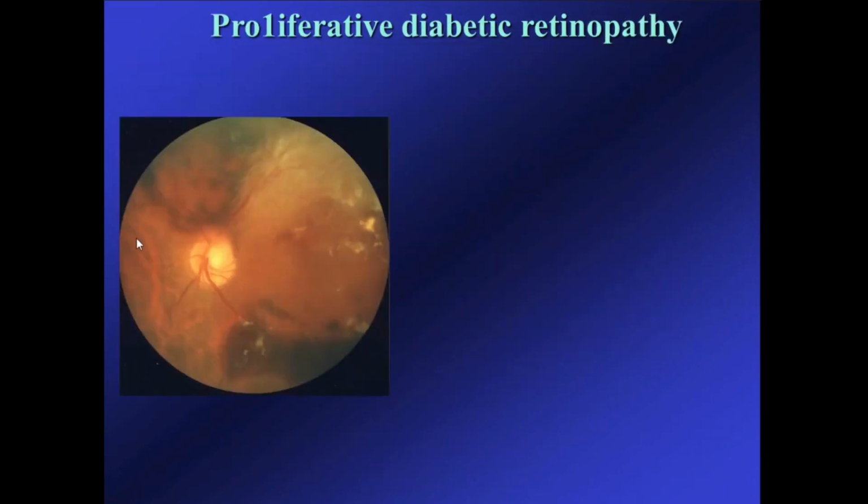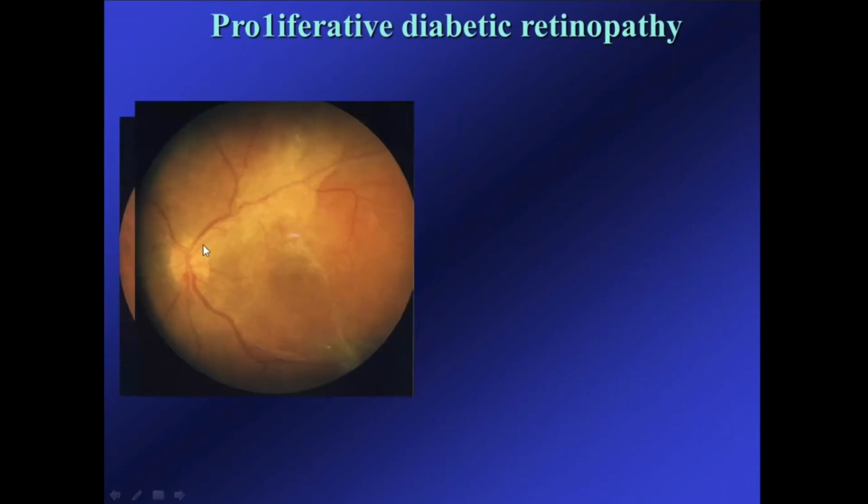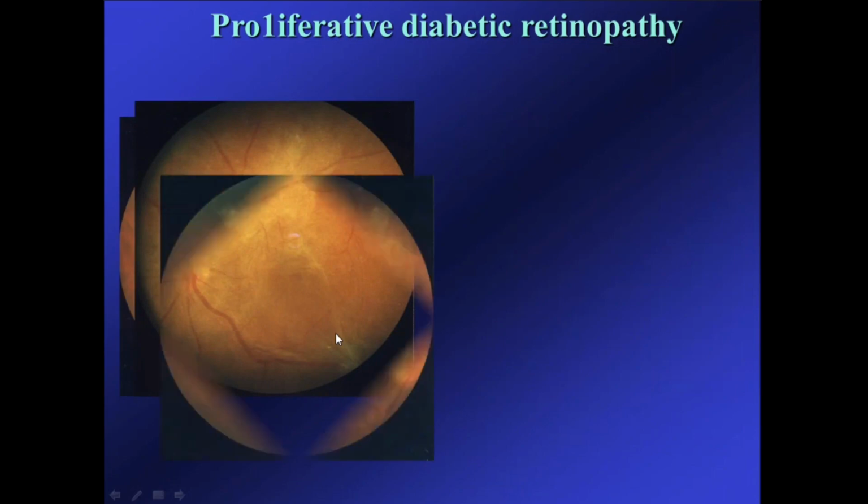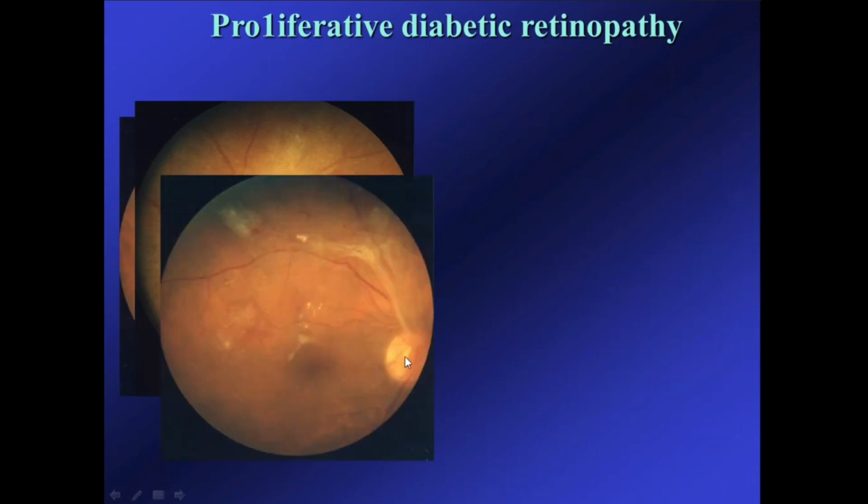And I will show you some pictures. Look, proliferative tissue. Again, here the optic nerve, but you can see new vessels and proliferative membrane.